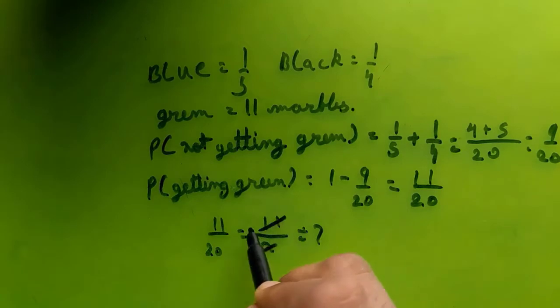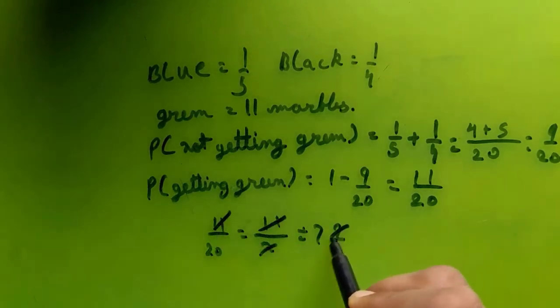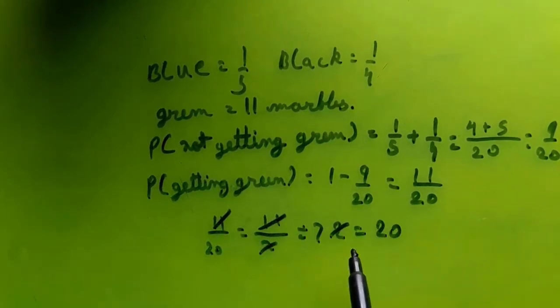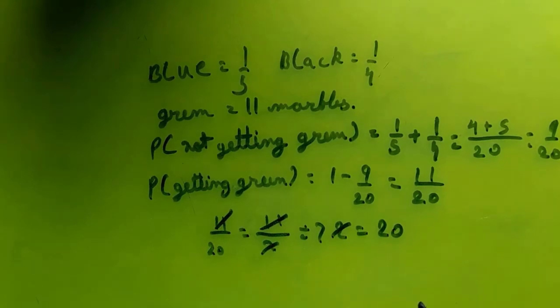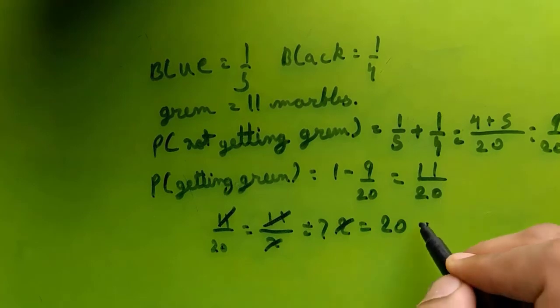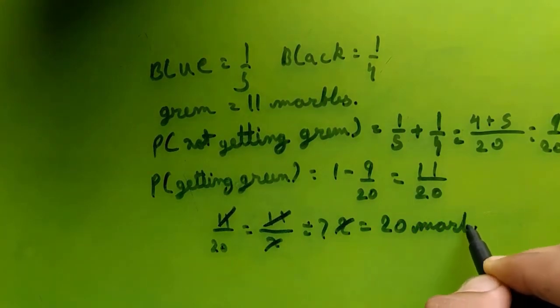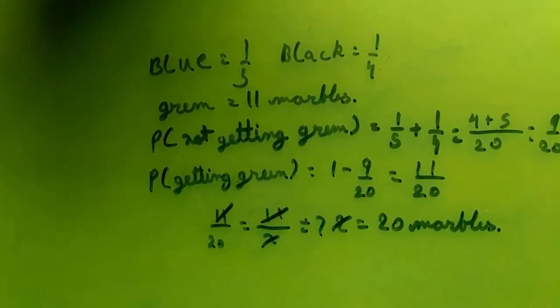Therefore, x is equal to 20, which are the total outcomes, which are the number of marbles in the jar. Therefore, the jar contains 20 marbles. Next question.